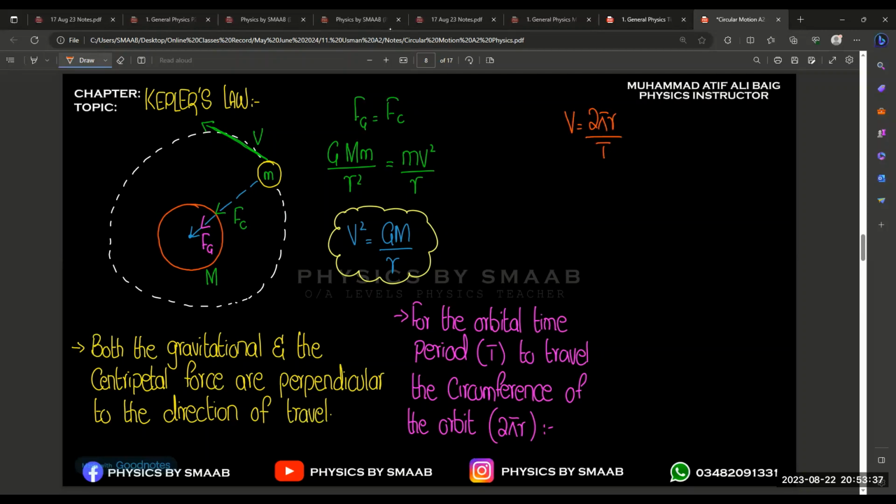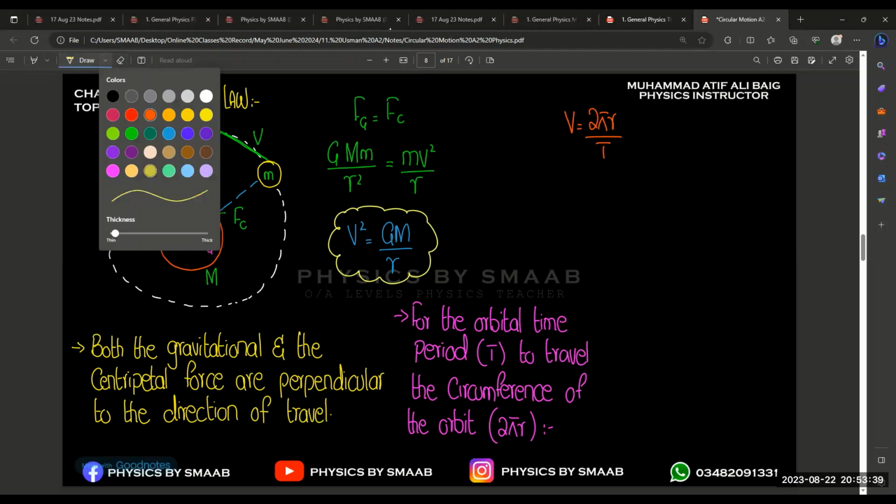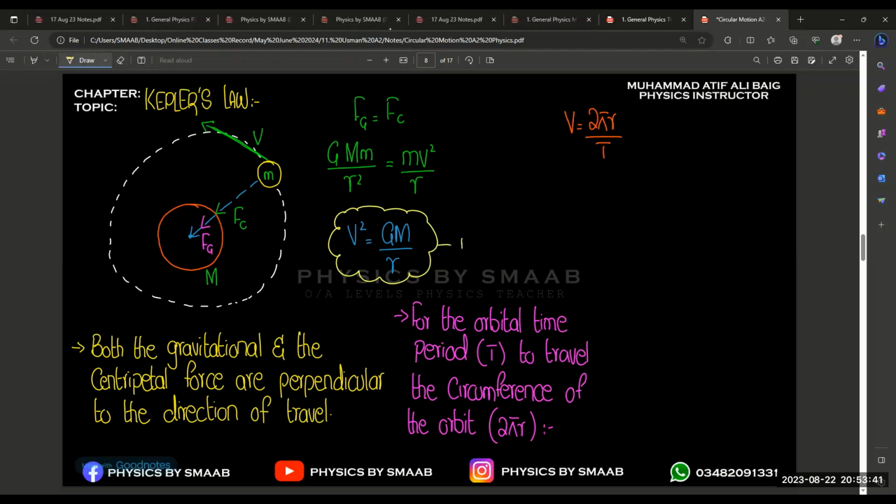And we know that we derived equation number one earlier, and this is equation number two.